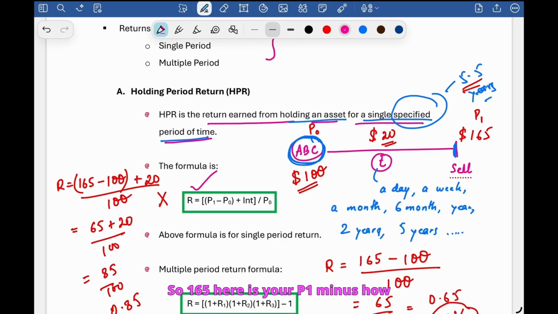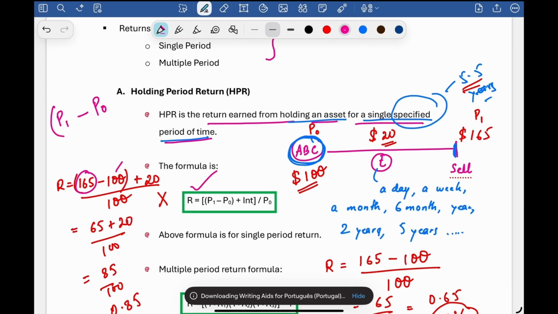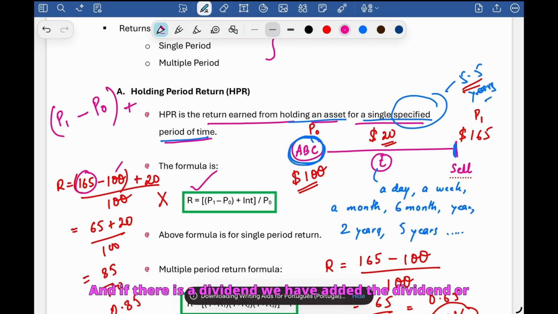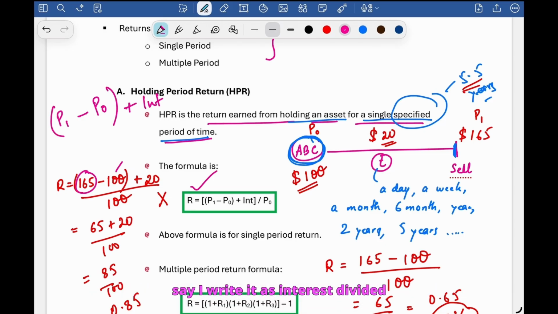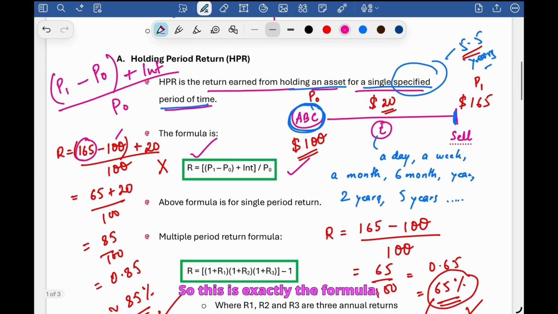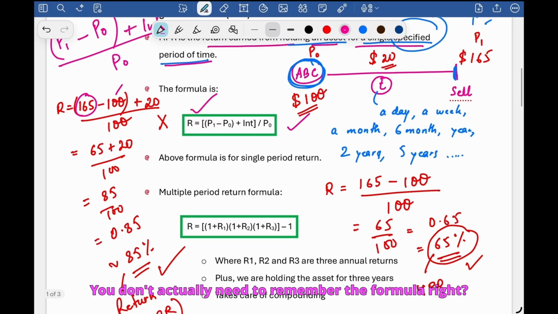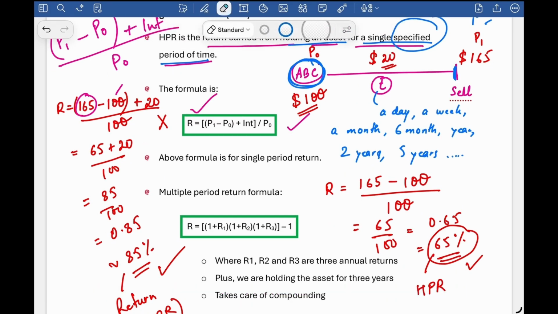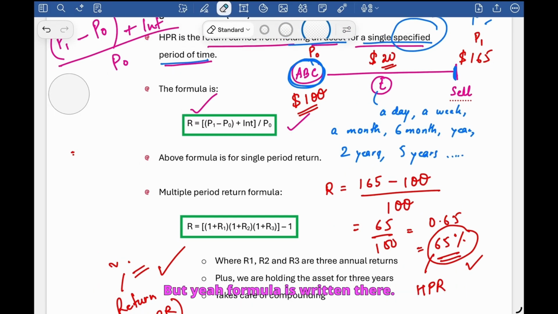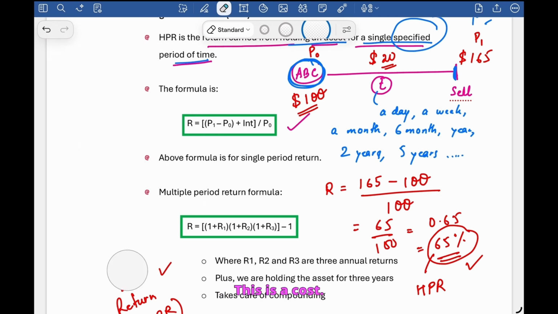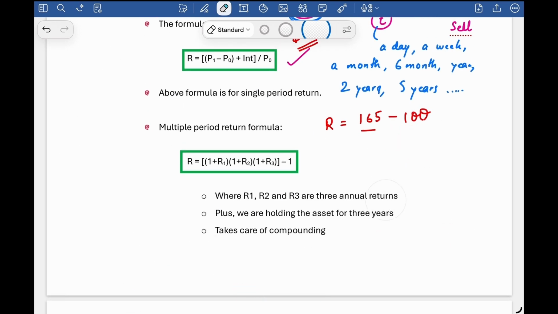So 165 here is your P1, minus how much it was bought for, P0. When there is a dividend, we have added the dividend, or say I'll write it as interest, divided by P0. So this is exactly the formula. You don't actually need to remember the formula, but yeah, the formula is written there.